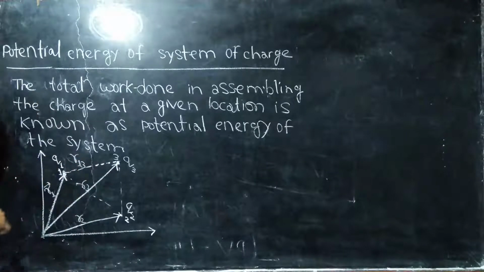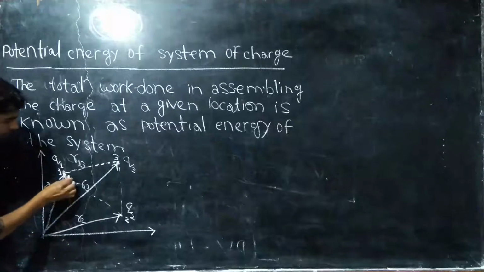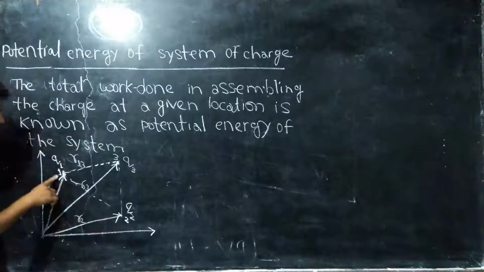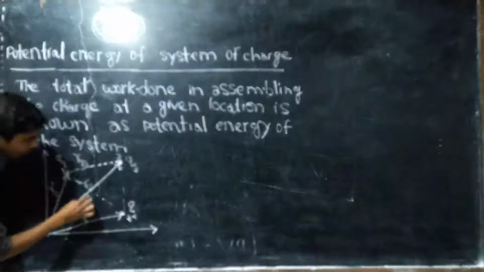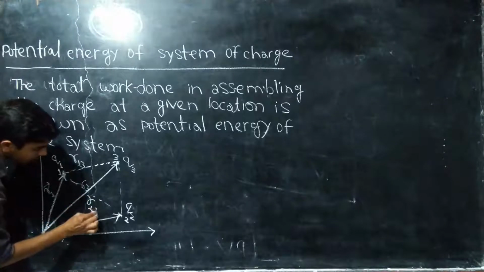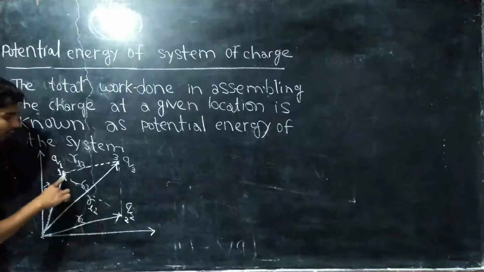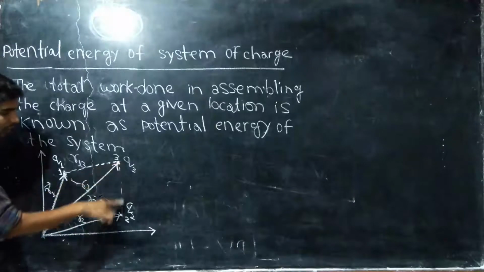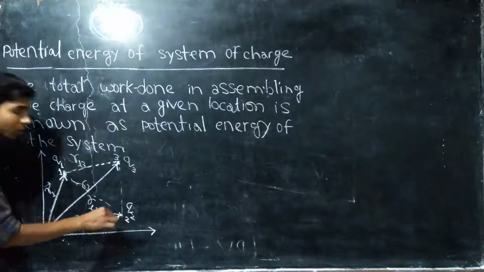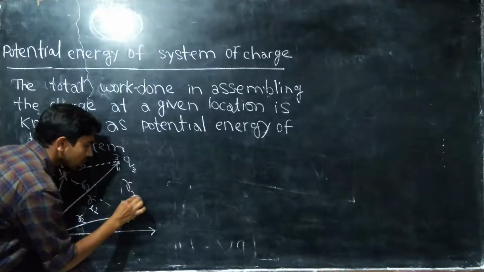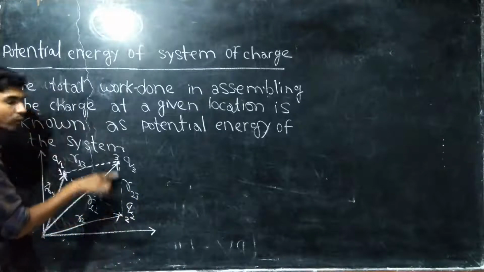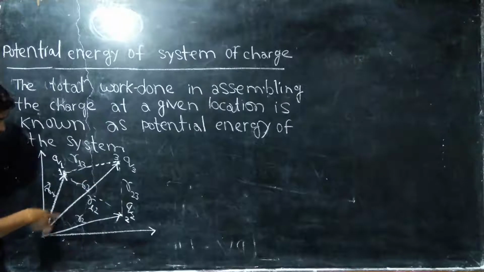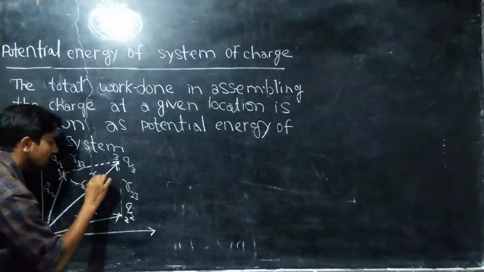Distance, not vector. Similarly, R12 means the distance between point 1 and 2, and R23 means the distance between 2 and 3. And this is your r3 vector.